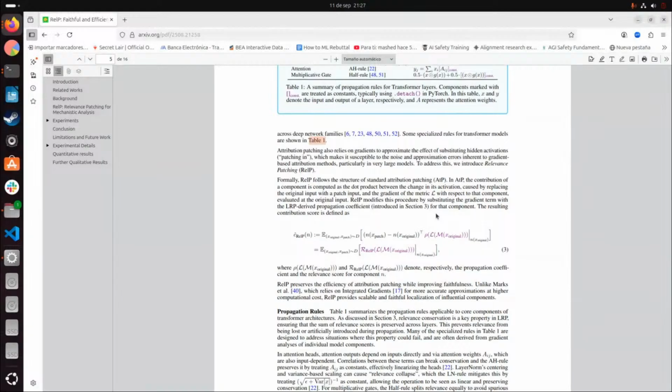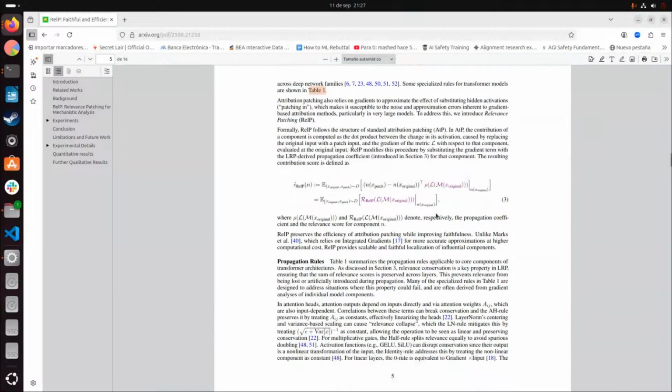To address this, we introduce relevance patching. Yeah, this is the thing that you already explained earlier. Formally reinforces the structure of standard attribution patching.